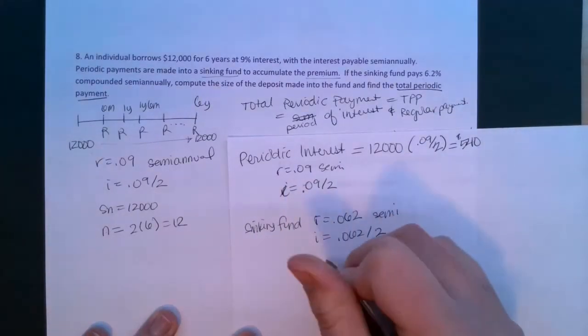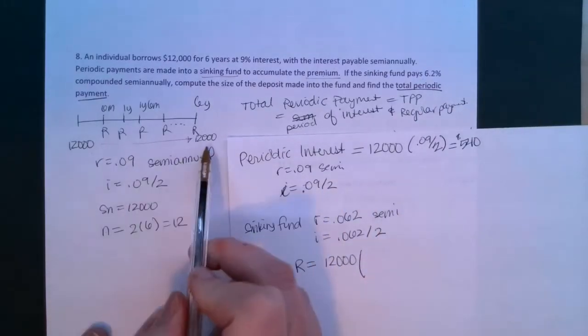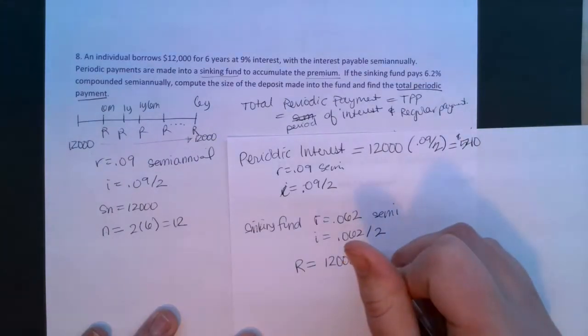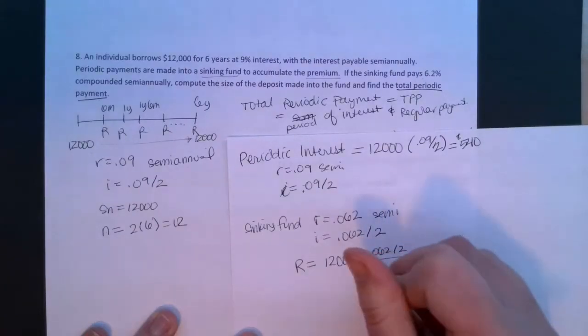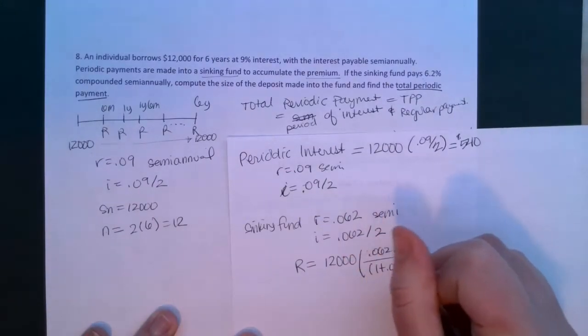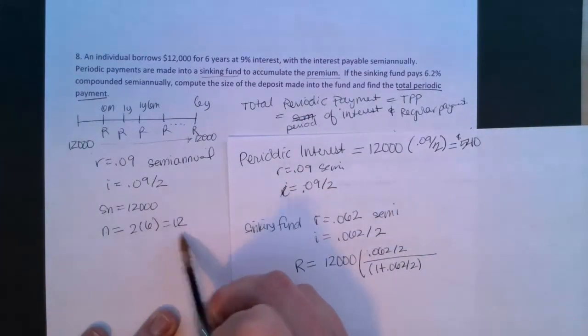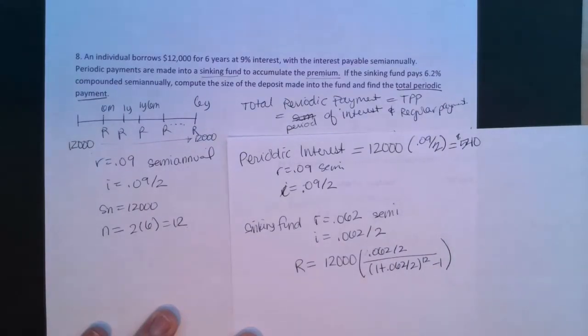So we get R equals our loan. So in this case, again, because we're trying to accumulate the premium, we're paying just this. So 0.062 over 2, because that's our I, times 1 plus 0.062 over 2. And then we said that we had 12 payments. So 12 minus 1.